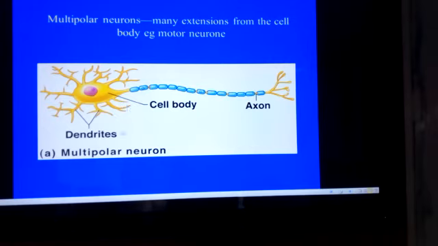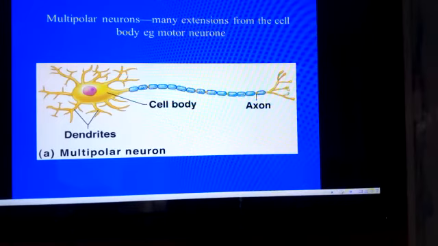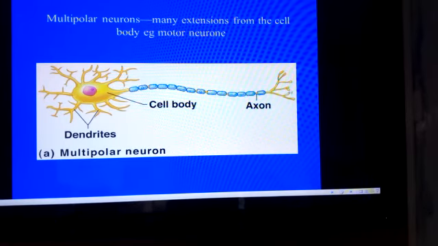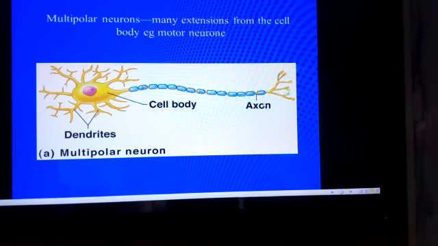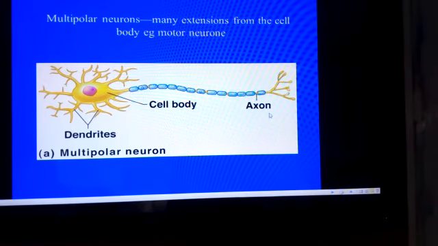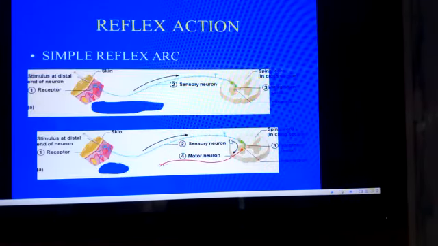And for the motor neuron, the cell body is entirely found within the central nervous system, but the other dendrites project outside the central nervous system, and as I said, they are connected via synapse to the effectors at the other terminal end.